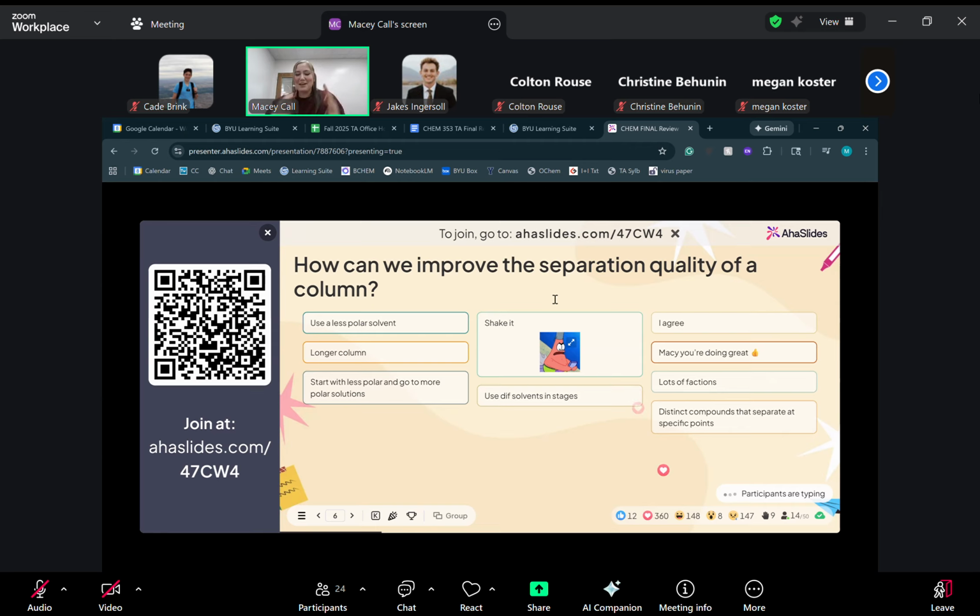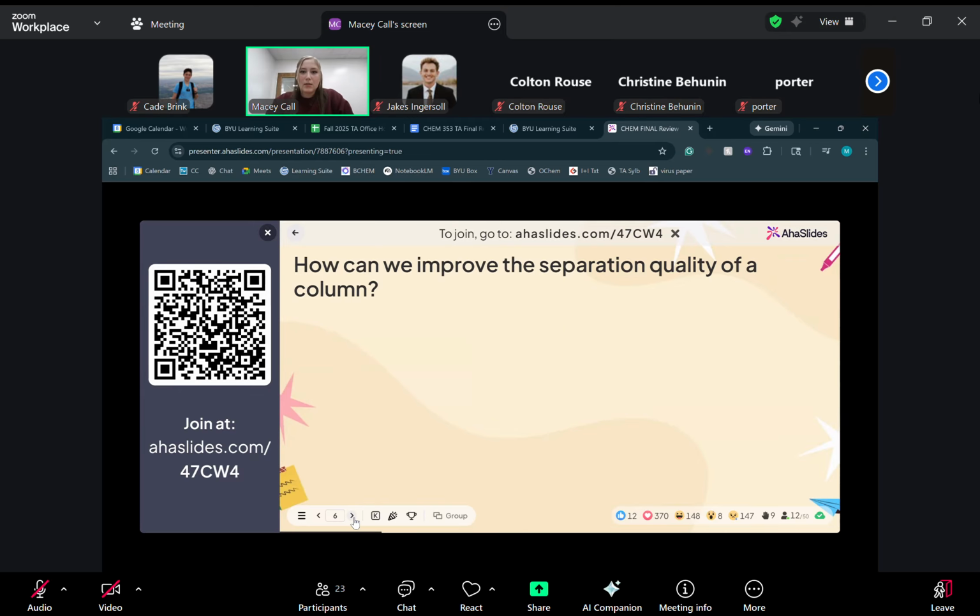You mix what you just tried to separate. A longer column would also work because then you could see the separation more. Lots of fractions is also a great idea because if I have a contaminated one, hopefully at some point I isolated one that is just the one product that I want. But yeah, I would say use a less polar solvent, probably the best answer here. Okay.